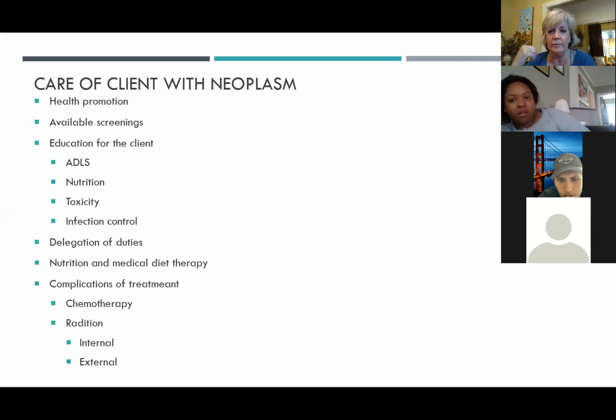Okay, so everybody understands that? Delegation of duties. It's okay to empty the urinal into the commode. It's okay to bag the linens in regular linen bags if they're not visibly soiled with blood. But it's not okay to spend a lot of time visiting with the patient if they have an internal radiation implant, okay?